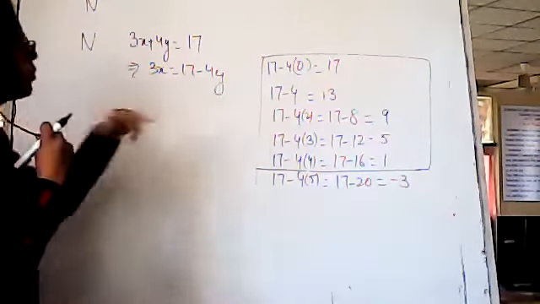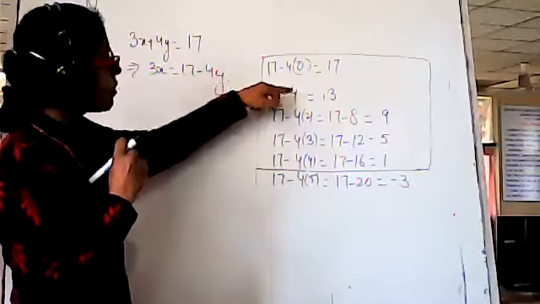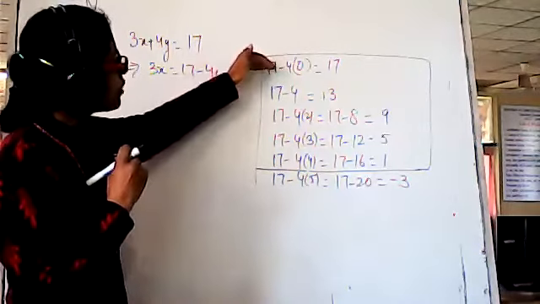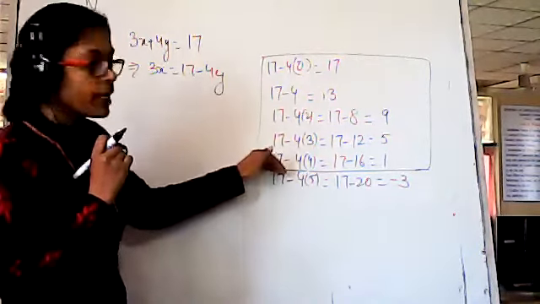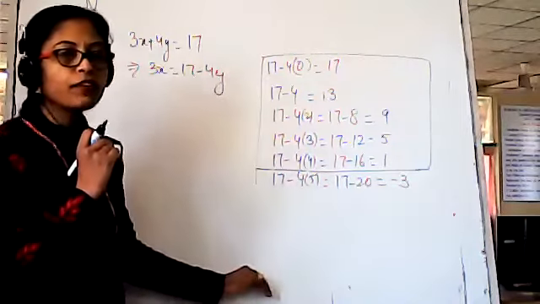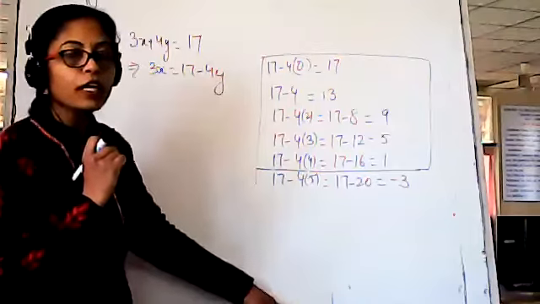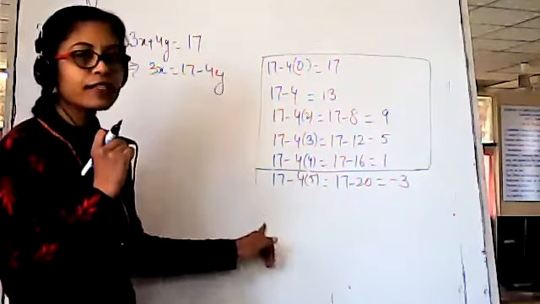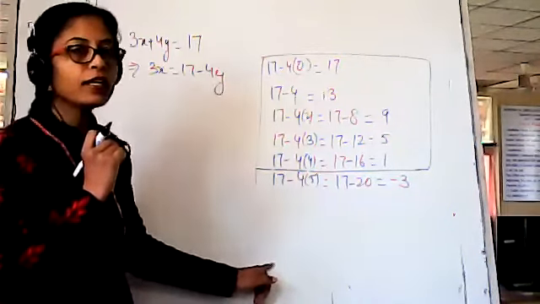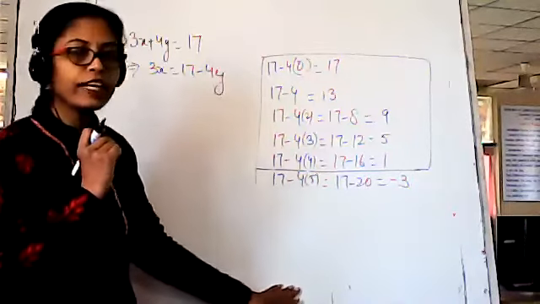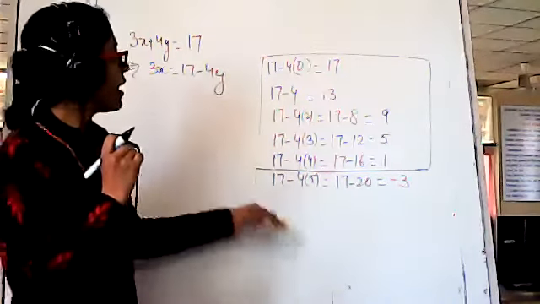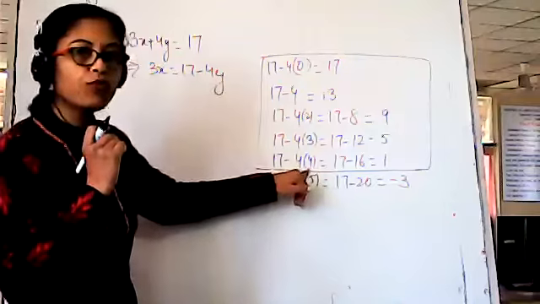Now I have told you these values. The values of y can be taken from 0 to 4. If you put the remaining values 5, 6, 7, 8, 9, 10 and so on, you will get all the values of x in negative form. But our set is of positive integers only, so we can have the value of y up to 4.